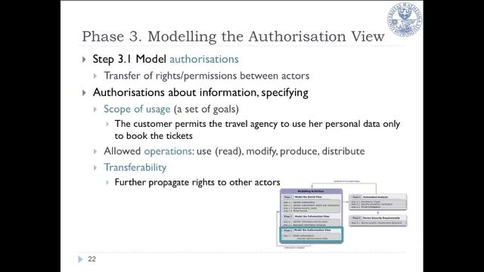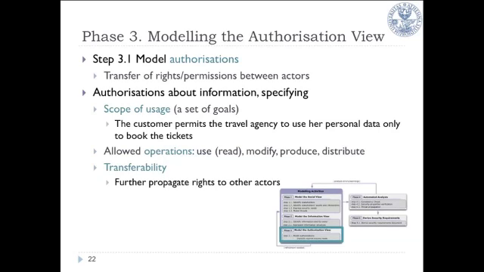When creating a new document, he is producing new information, and distribute refers to the action that actors are distributing information, and since in the social view we said that actors exchange information by means of document provision, distribute refers to actually document provision between actors. Moreover, in authorizations, we have this third property, that is transferability, which would grant an actor a higher level of authority.